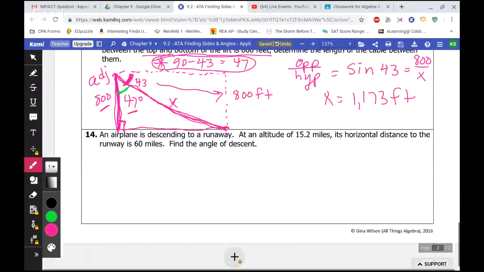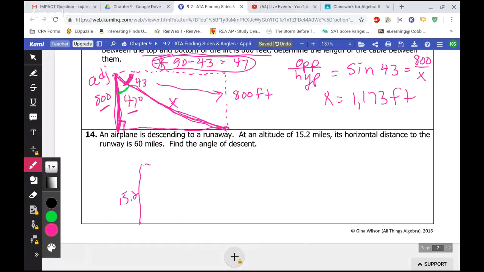An airplane is descending to a runway at an altitude of 15.2 miles. Its horizontal distance to the runway is 60 miles. Find the angle of descent. Okay, so it's 15.2 miles in the air.